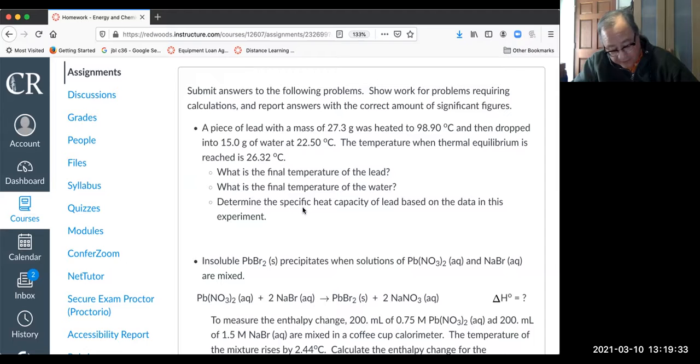The final temperature of the lead is 26.32 degrees Celsius, because when the water levels out at 26.32 degrees Celsius, the lead is also the same temp due to thermal equilibrium. The mass of the water is 15.0 grams. The initial temp of the water is 22.50 degrees Celsius, and the final temp of the water is 26.32 degrees Celsius, and we're supposed to determine the specific heat capacity.